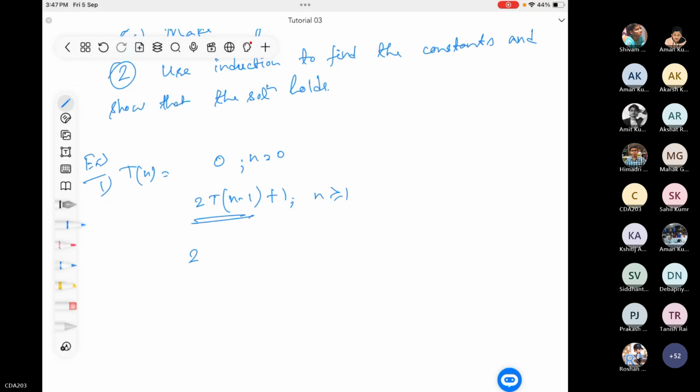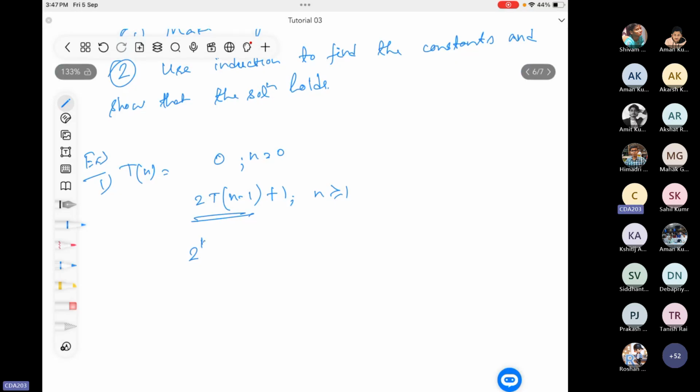If you consider large values of n, whenever you break this tn minus 1, like tn minus 1, tn minus 2, going this way, your recurrence will follow some 2 to the power k type thing, right? You can guess it from there. So you can guess that the running time would be something like 2 to the power n.